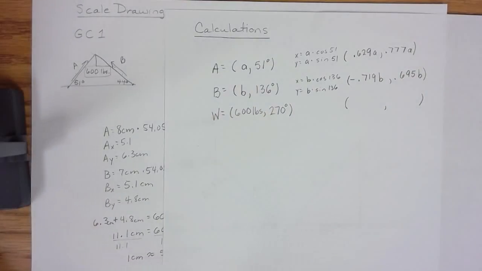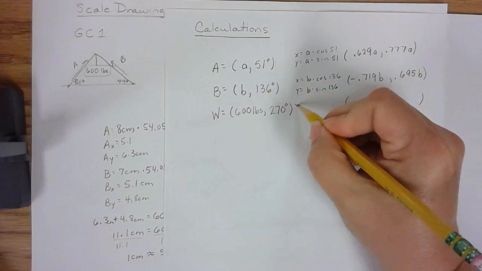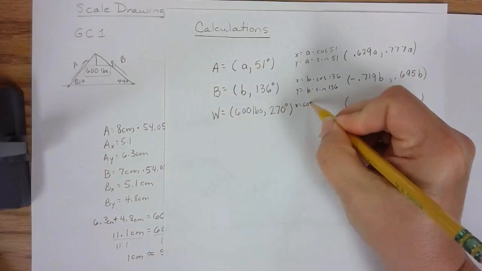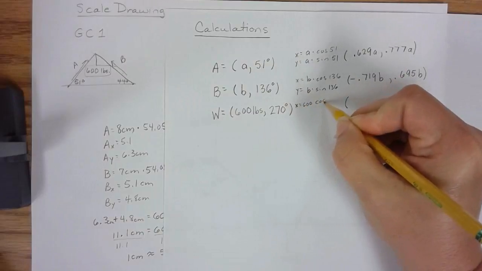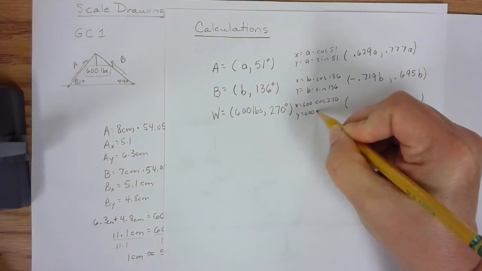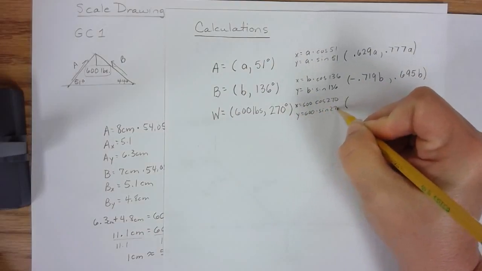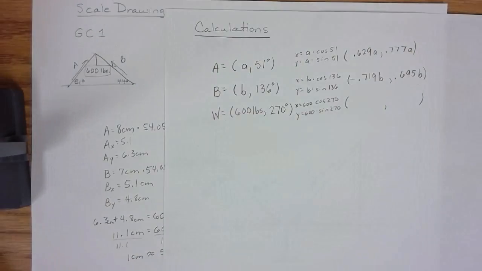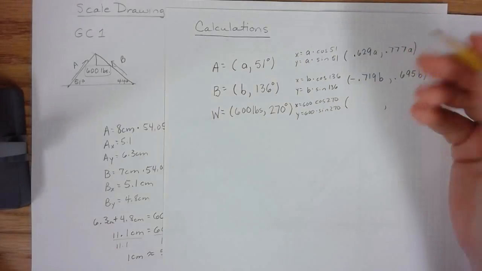And then we'll make a coordinate for our weight. This time though, we're going to actually multiply it as 600 times the cosine of 270, and for y it's 600 times the sine of 270. 600 times the cosine of 270 gives me 0. That should make sense.